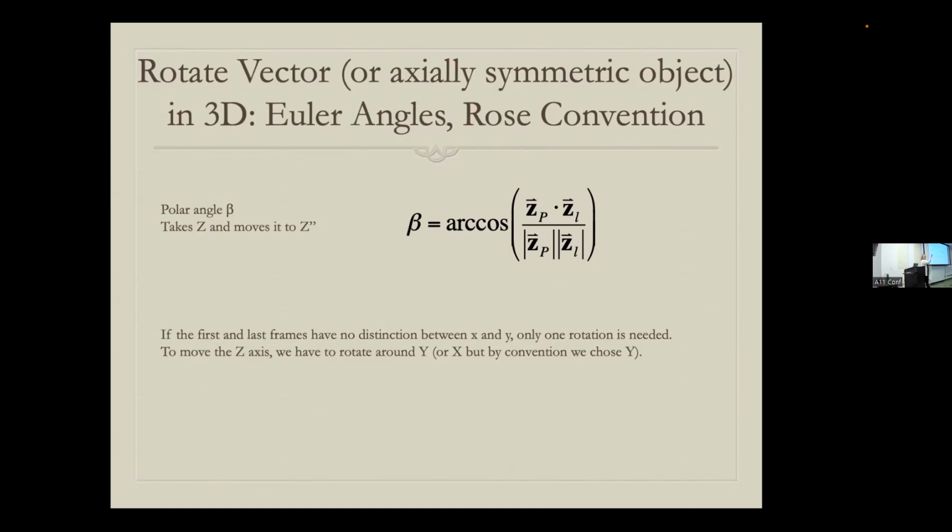Nobody cares where X and Y are. You can just get away with one angle. What is that angle? Formally put, it is the arc cosine of this dot product normalized. Okay, so we want the angle whose cosine looks like the dot product of the 2 Z vectors. Feel free to look at that and come back with questions about it, but that's the right expression for the angle you need if it's all a uniaxial problem.